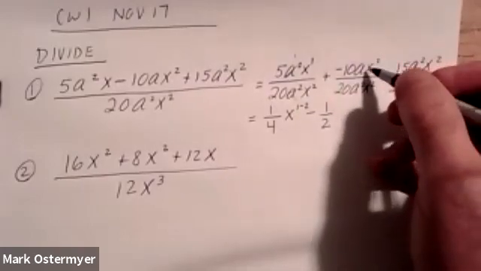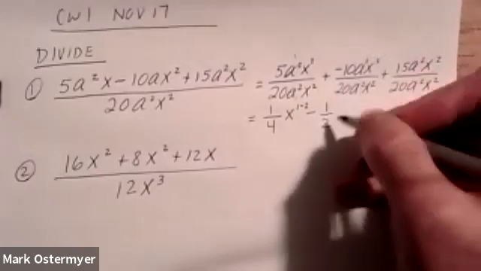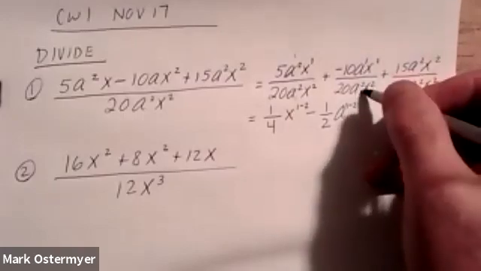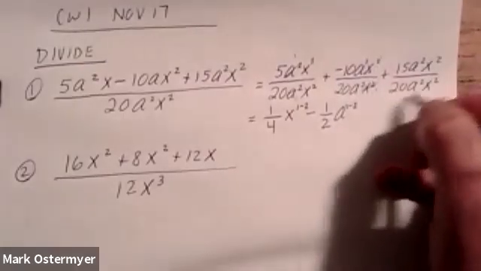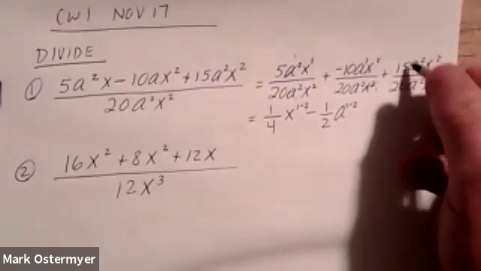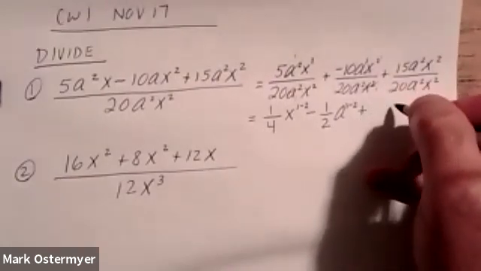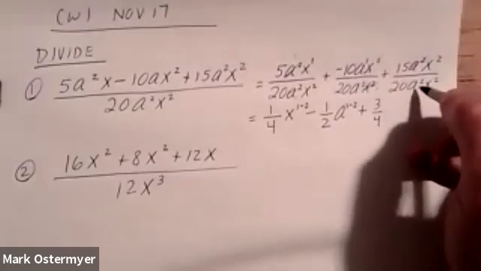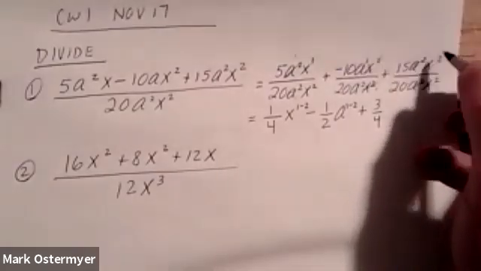The a is a to the first power divided by a to the second power is going to be a to the 1 minus 2 power. These x squareds reduce out to 1s. 15 over 20 reduces down to 3/4. A squareds reduce out to 1s, and the x squareds reduce out to 1s.